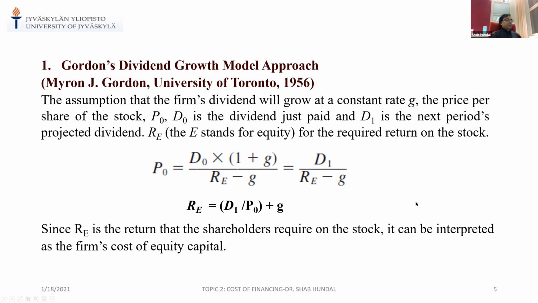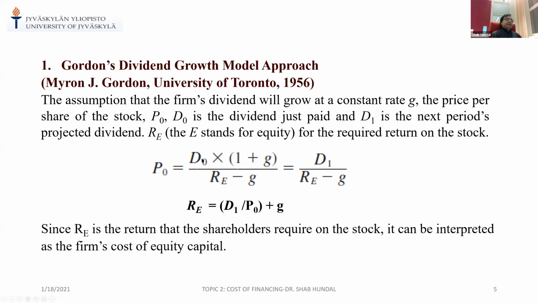And when we put all these numbers together, then the current price P0 becomes equal to, if we solve this equation, D0, the current dividend, multiplied by compounding it at the G growth rate, and then we divide the entire term by the required return on equity minus the growth rate.